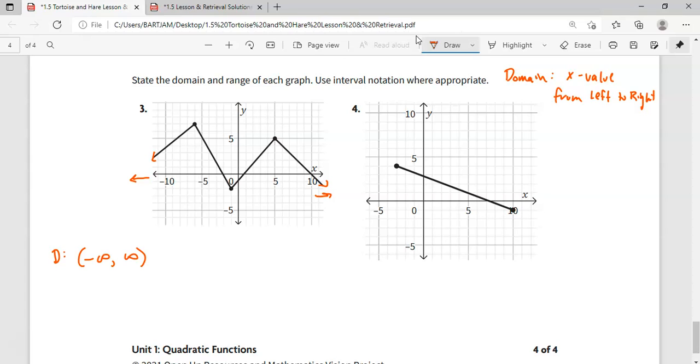In question 4, my graph, in terms of extending to the left, ends at negative 3. Because I have a closed endpoint, the value of negative 3 is included. And in terms of extending to the right, my graph ends when x is 10, and again 10 is included, so I have a bracket.